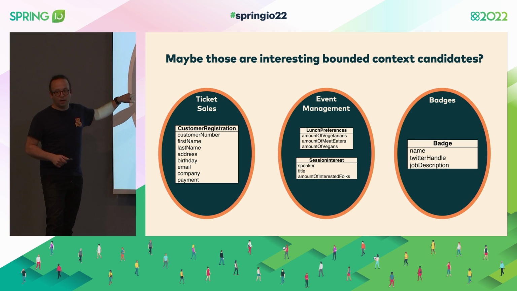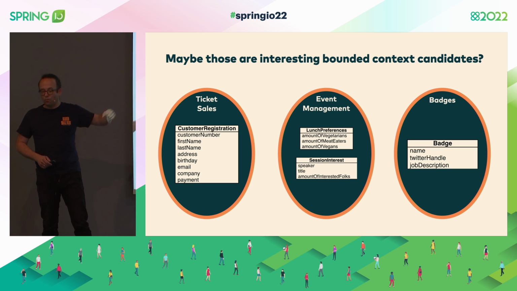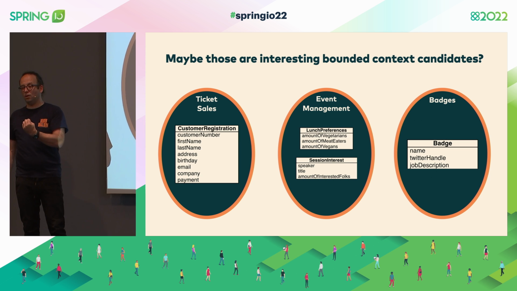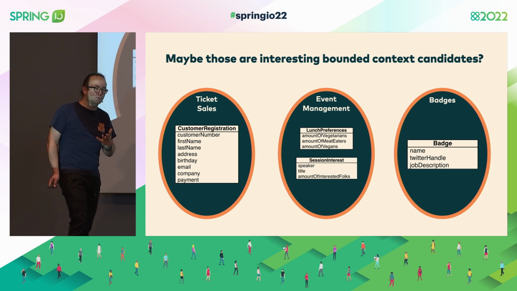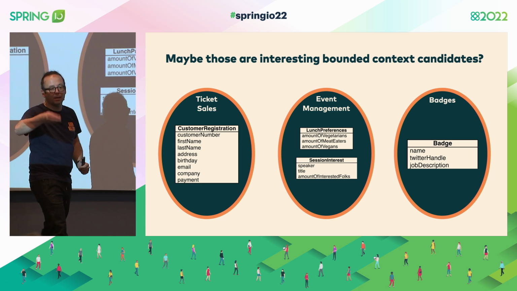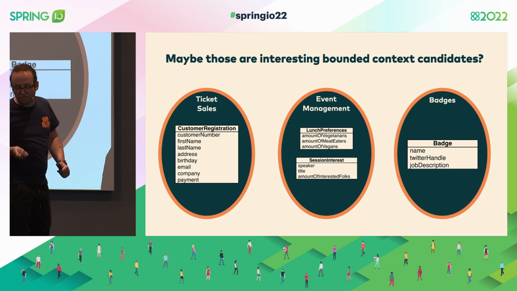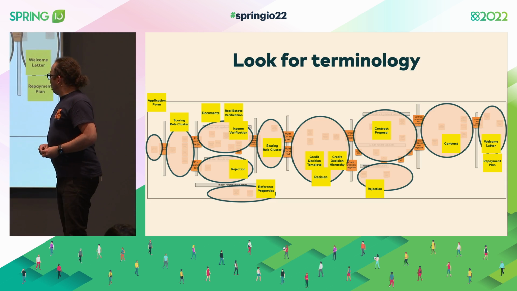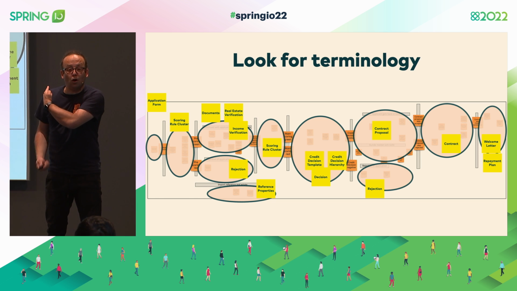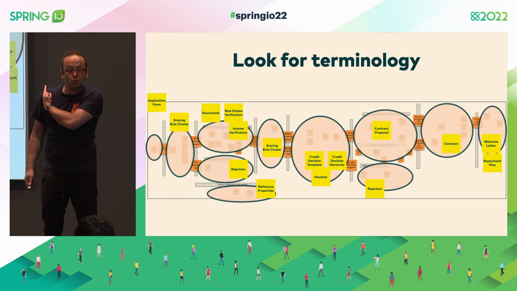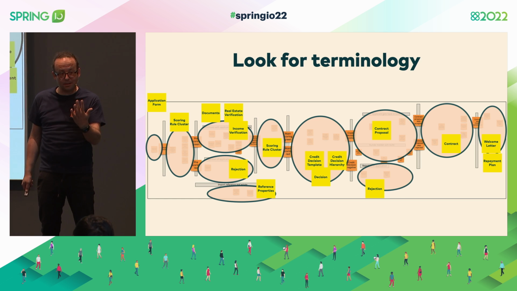So, we tie things to a purpose. We use explicit terminology. Some domain-driven design folks even call themselves domain linguists, because they take care about these details. Now, you have a ton of terminology on your event storming wall. It's written down there. You just need to read it.